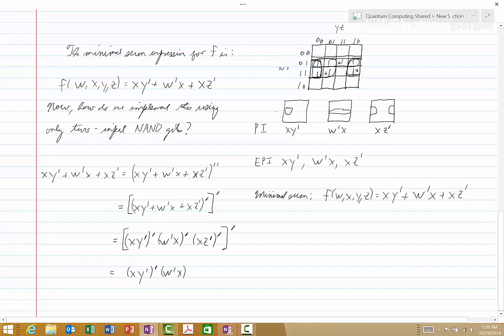W prime x will be NANDed together, and then with a 2 input AND gate, we AND those together. Once we get that result, we will AND that with x z prime prime, which could be obtained with a 2 input NAND gate. Now we AND these two things together with a 2 input AND gate, and then finally invert it.